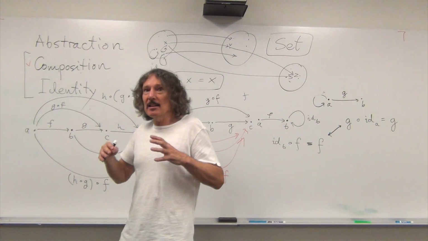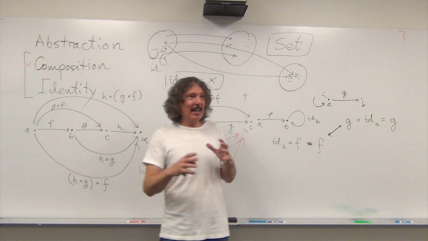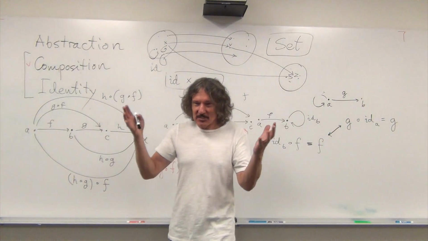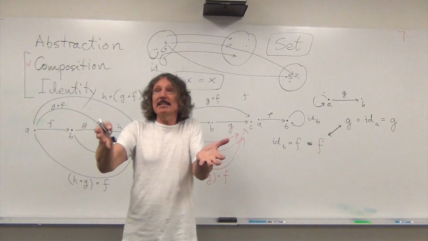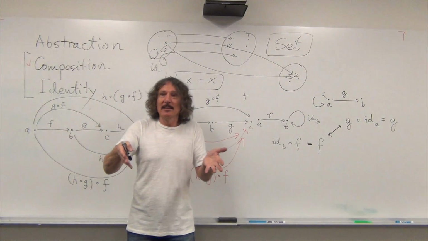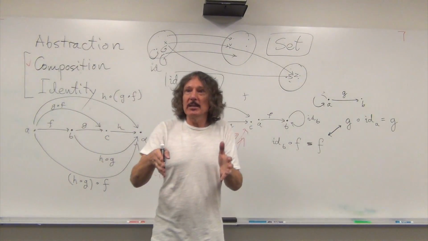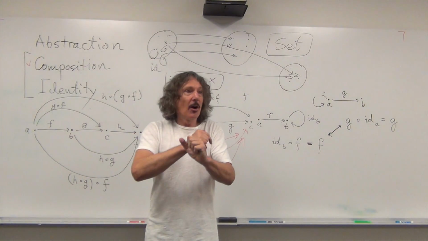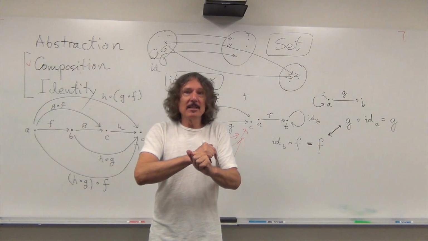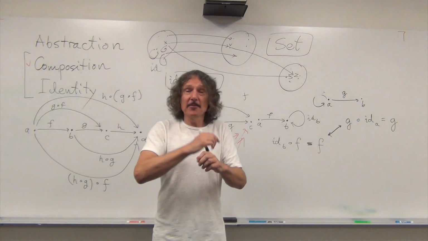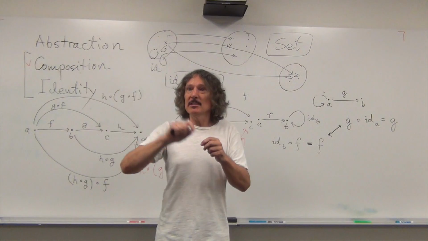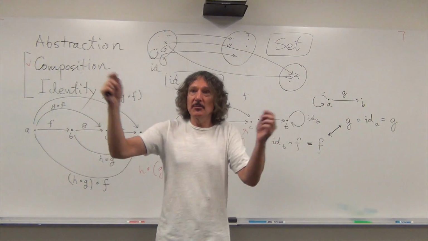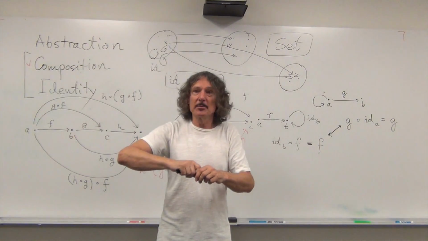And this is like the ultimate in data hiding, right? You have an object, it's a data type, it's a set, but you cannot look inside of it. It shrunk to a point. All you have is its interface. Its interface is how it connects to other objects. All these arrows coming out of this object and into this object.